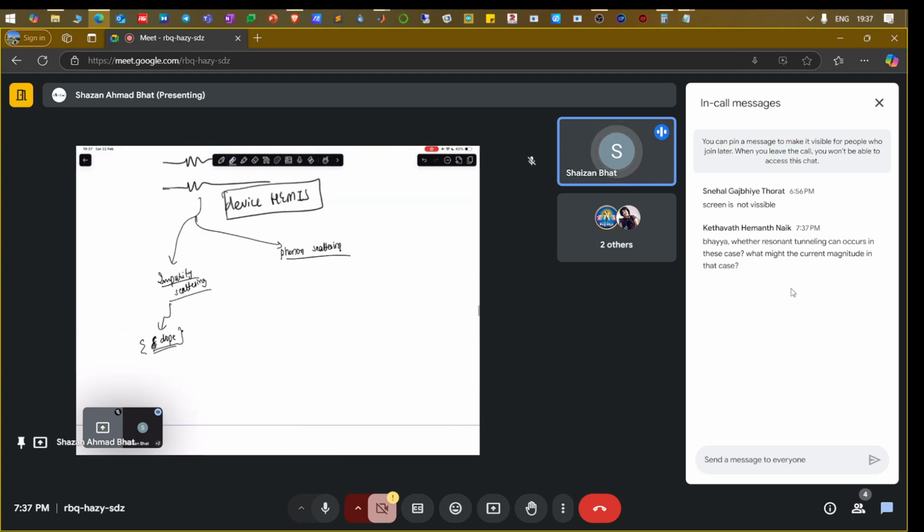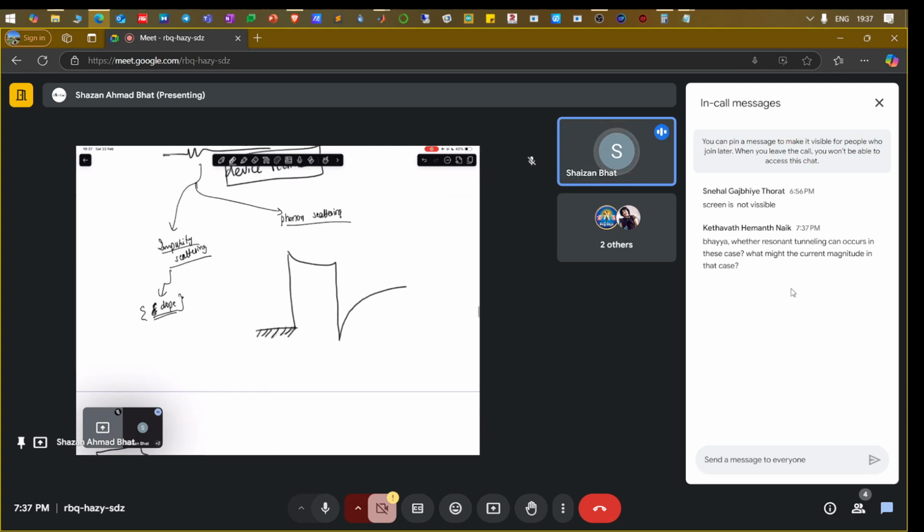Let me think. So you mean if you have this L gas here, then you mean to say if you have a gate, then now tell me where will the resonant tunneling happen? Tell me the direction. This is left, this is right. Faster, because we are running out of time now. Left to right. Okay.